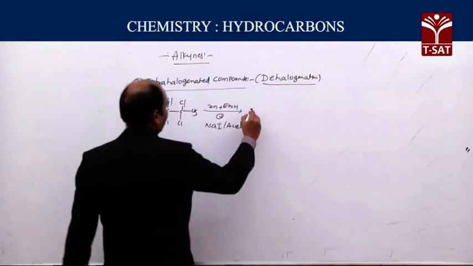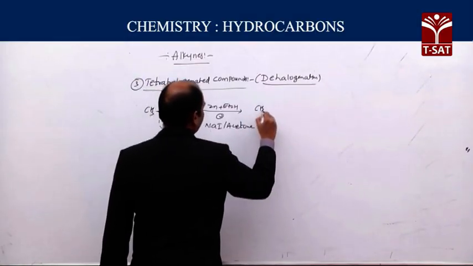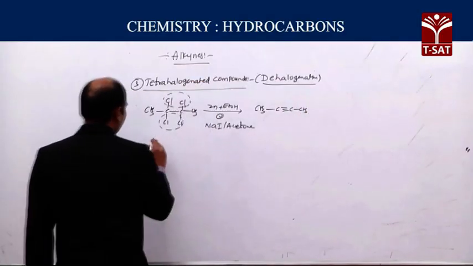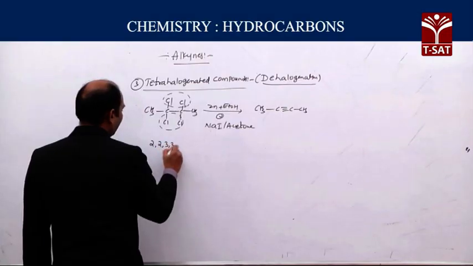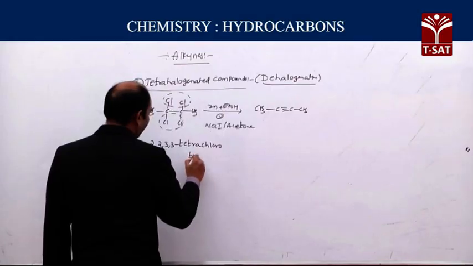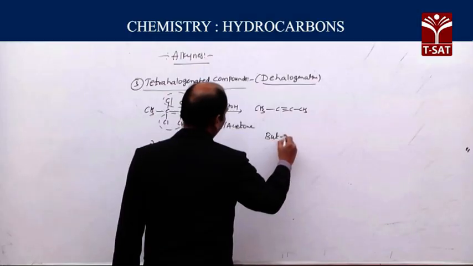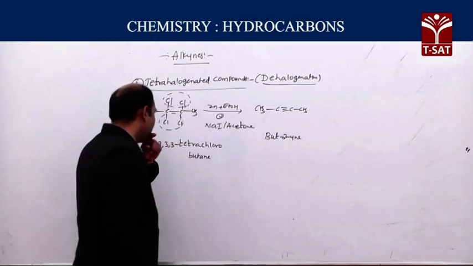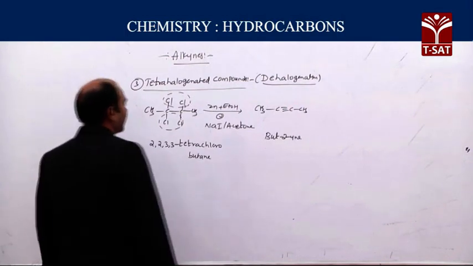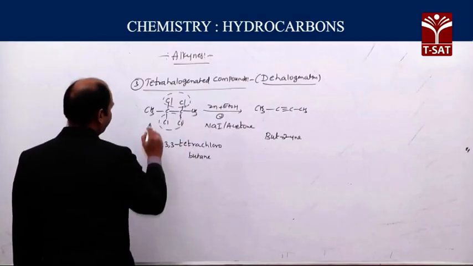What happens here? The 2 Cls are eliminated, this 2 Cls is also eliminated, and we get CH3 C triple bond C CH3. So 2,2,3,3-tetrachlorobutane is converted into but-2-yne.